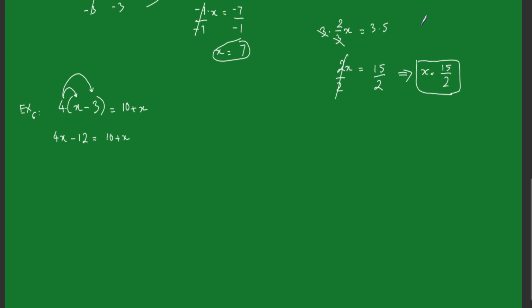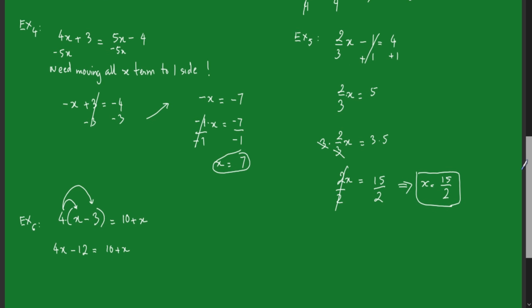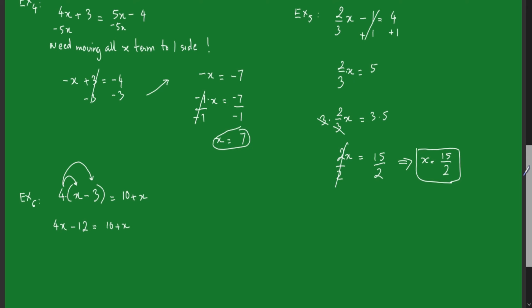Now what do you see? You will see that this equation now looks like example number 4. And if it looks like example number 4, we need to bring all the terms with x to one side.